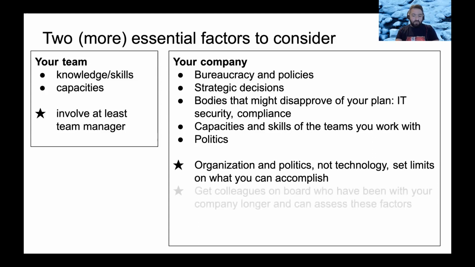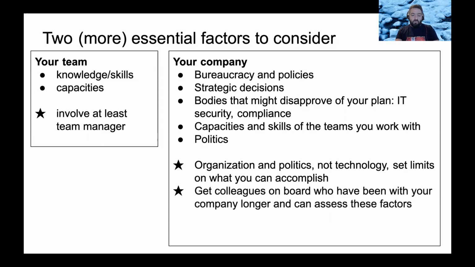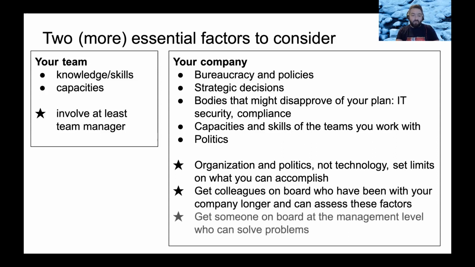What can you do about this? While planning, get colleagues on board who have been in your company longer and can assess these factors. While implementing your solutions, get somebody on board at the management level who can solve such problems.